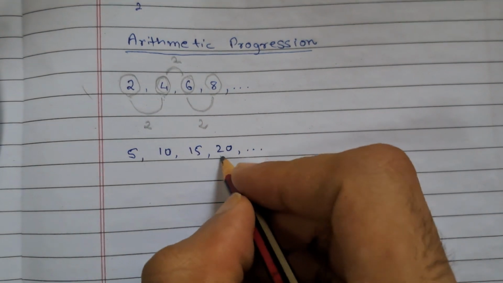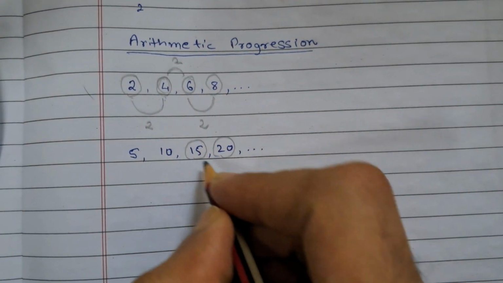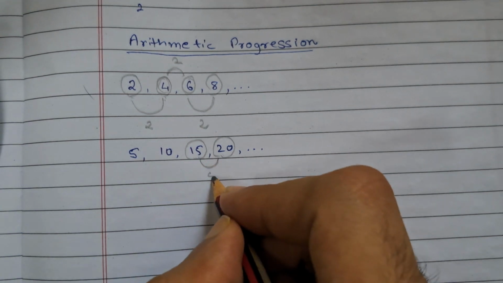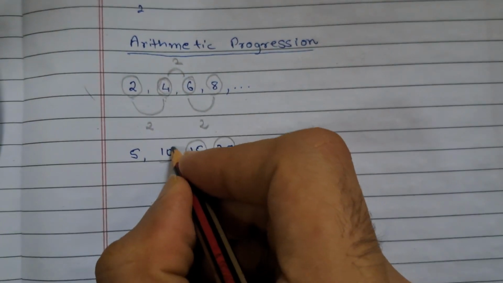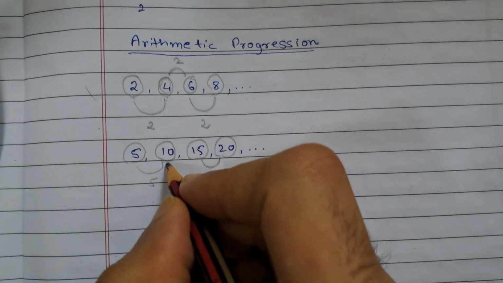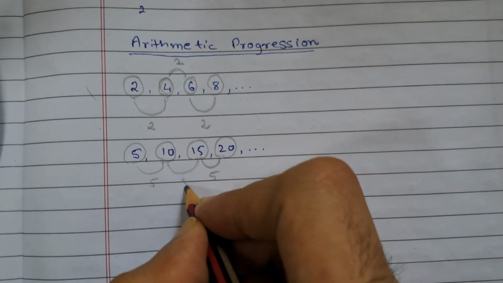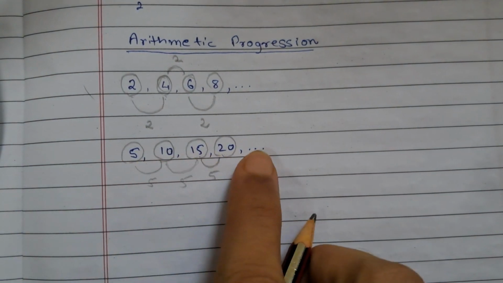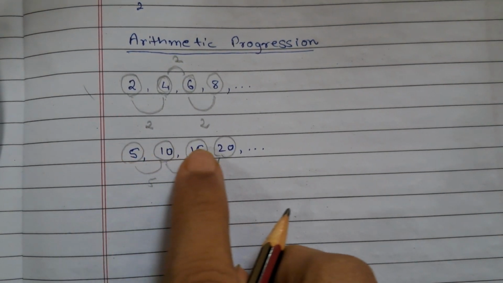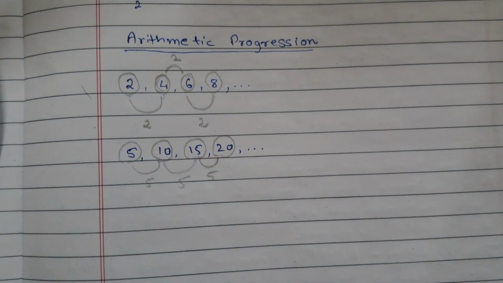If you take any two numbers over here, you will see a difference of 5, isn't it? So the difference between 20 and 15 is 5. The difference between 10 and 5 is also 5. The difference between these two middle numbers is also 5. So this time all the differences are 5, that is the same. That means this sequence is an arithmetic progression.